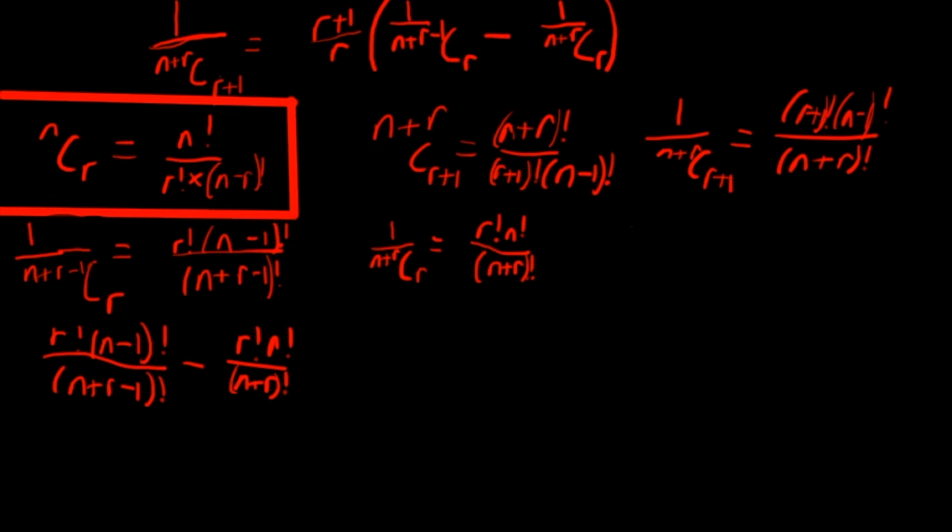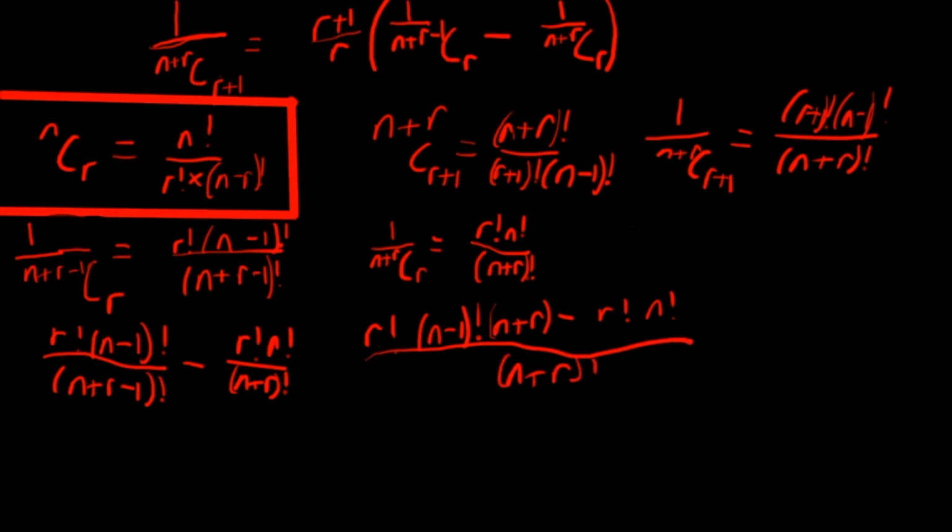Clearly, if we look at the denominators, if we multiply the left fraction by (n plus r), then we'll have a common denominator of (n plus r) factorial. Doing this will give us r factorial (n minus 1) factorial (n plus r), minus r factorial n factorial, divided by (n plus r) factorial.